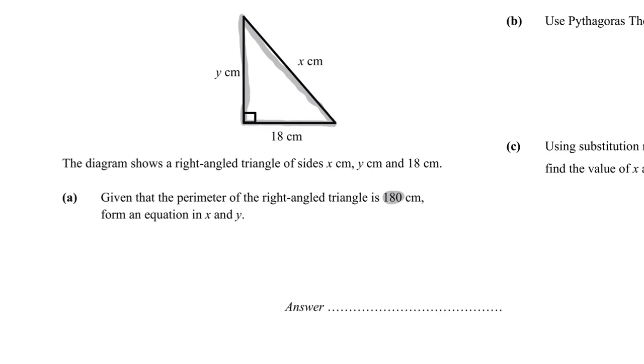And therefore, the answer to this will be x plus y plus 18. They add up to 180. And we are done. We have successfully formed an equation that has x and y.